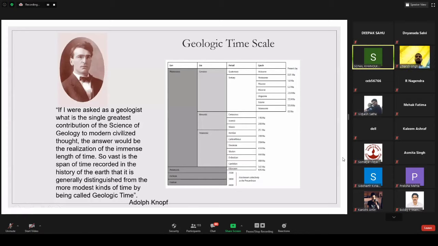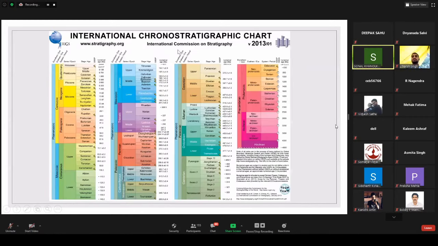These are the broad divisions of the geological timescale, and then we have the international chronostratigraphic charts, which are made and updated every few years, and we get better at telling time through new discoveries.